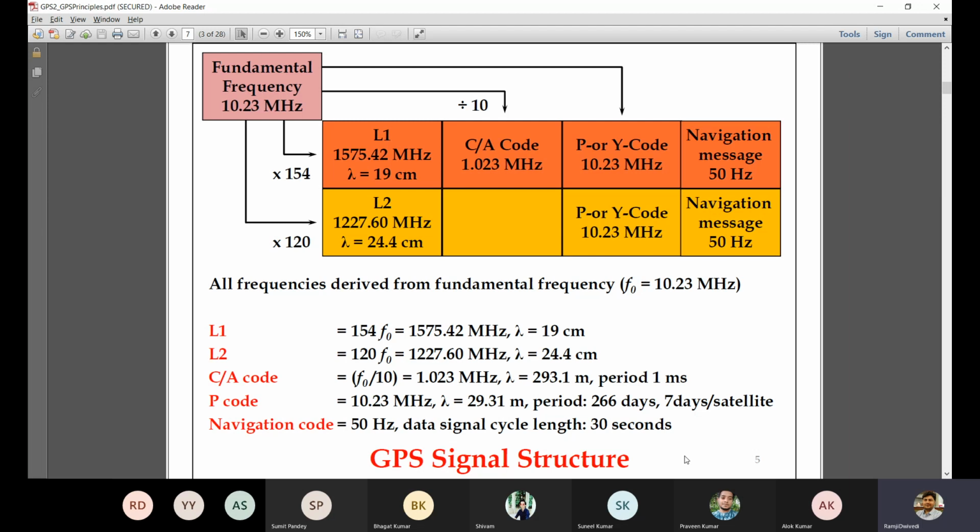Clear? So it is the oscillator inside that satellite, which we also know as atomic clocks.